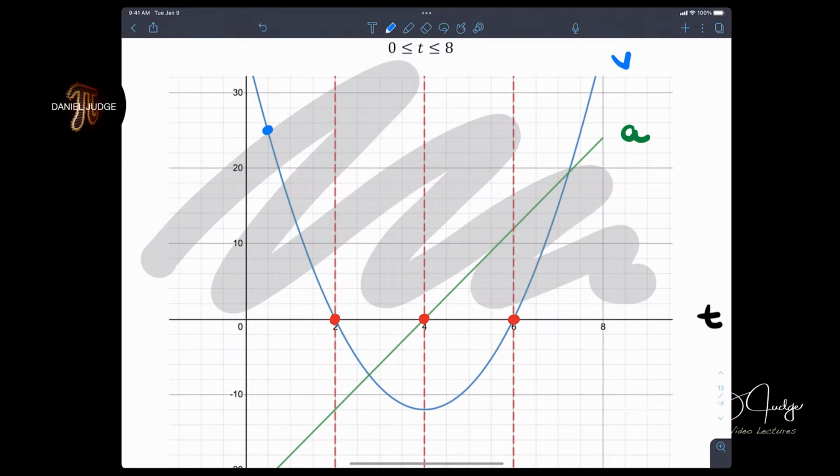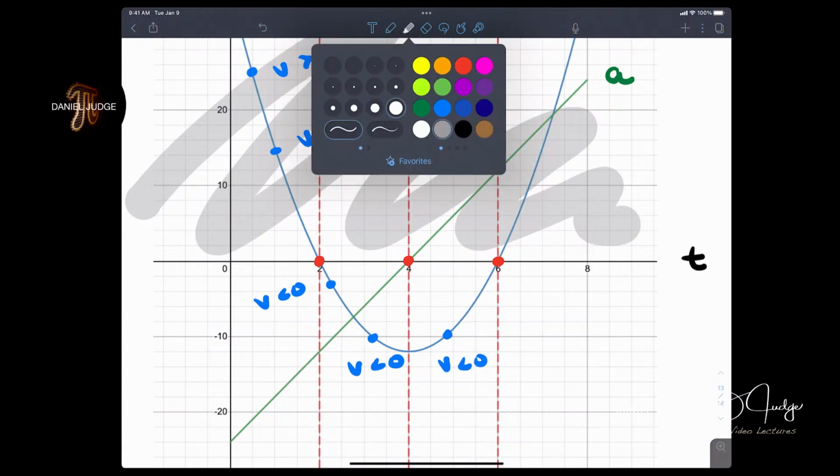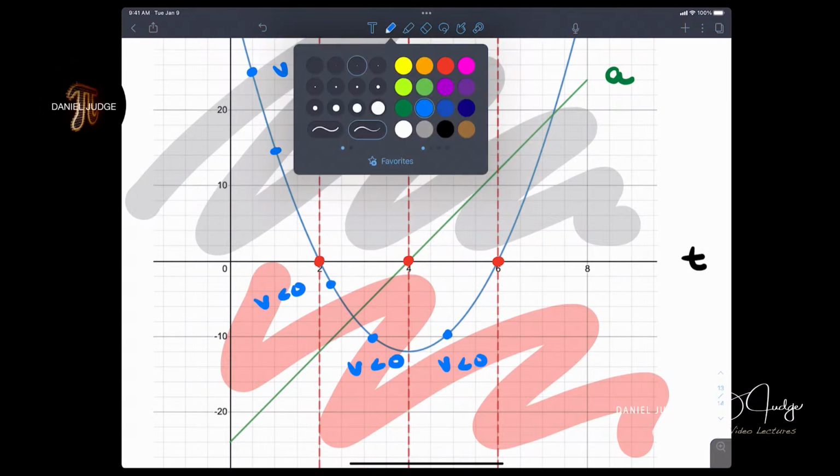Every point above, this was the velocity curve. It's in blue. Positive velocity, ladies and gentlemen. It's above this axis. Once it gets below the axis, then that's negative velocity. So for any point below, this is where your velocity is negative, and maybe I'll shade that red. So you have negative velocity when it's below, positive velocity when it's above, and the same thing is happening for acceleration.